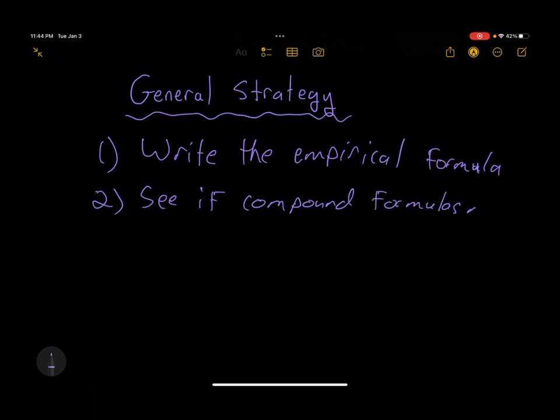And if they match, okay, and I'll write here, if yes, then it's an isomer. Okay, they can be isomers of each other.